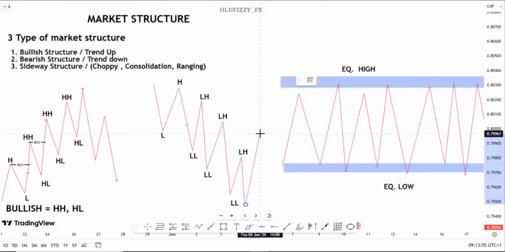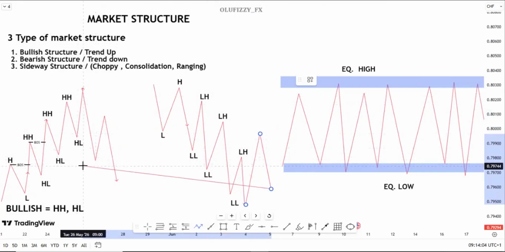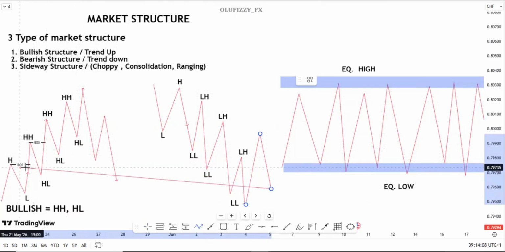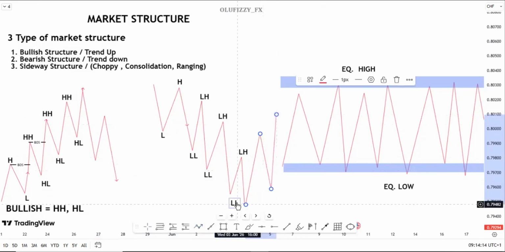So stay tuned and watch the next video that I'm going to upload about break of structure, where I'm going to explain what break of structure means, which I've already told you here, but I'm going to make another video and show you chart examples of it.